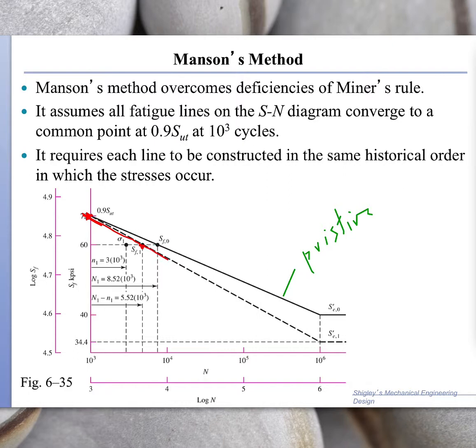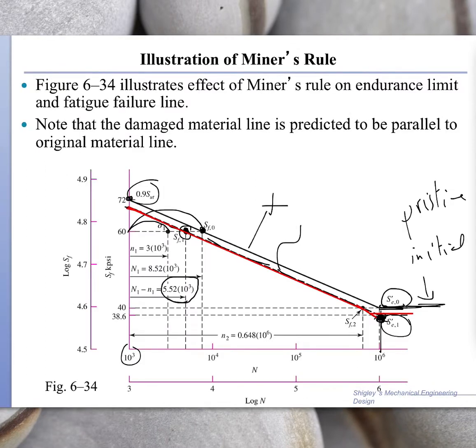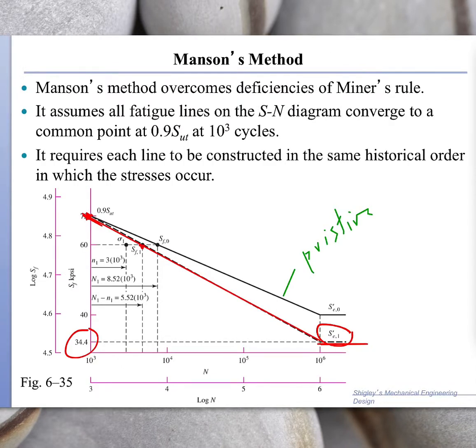So if we connect these two until we get to 10 to the 6, then we got a new level of the endurance limit, and this new level of the endurance limit is 34.4 rather than the original one, which was 40 before. So you can see here, for pristine is 40, but here the reduction has been to 34.4. And then you can use this after first block.